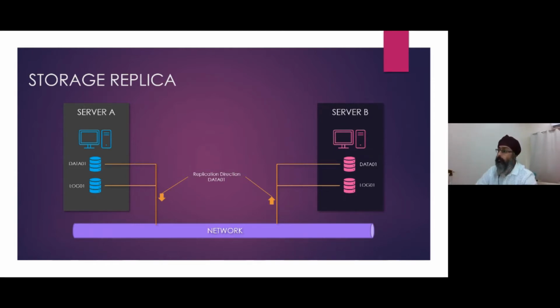So disk B, I'll show you that in a while in a demo, but disk B won't be accessible. All right, once you change the direction of this becoming active and this becoming passive, then this will go online with all the content, and this will not be accessible once it's passive. All right, so that's about it for storage replica.